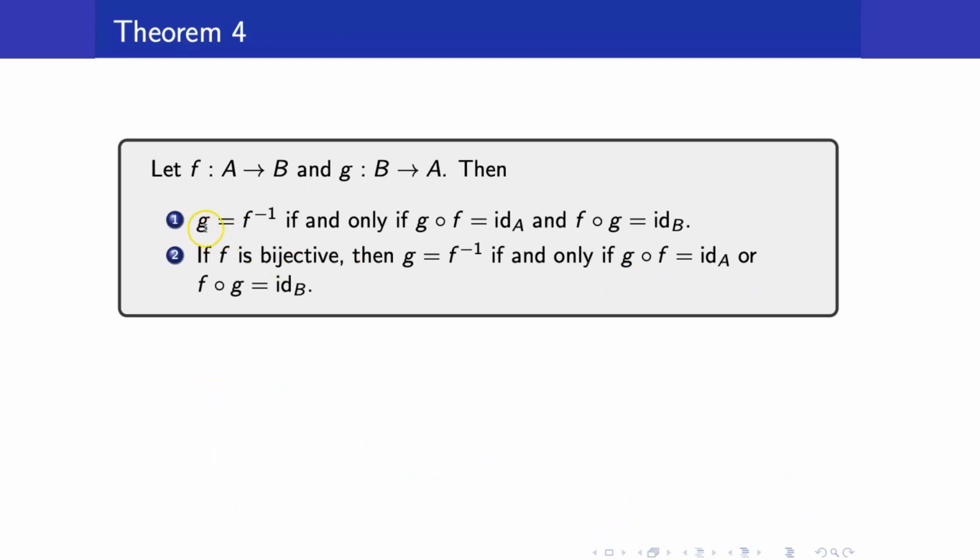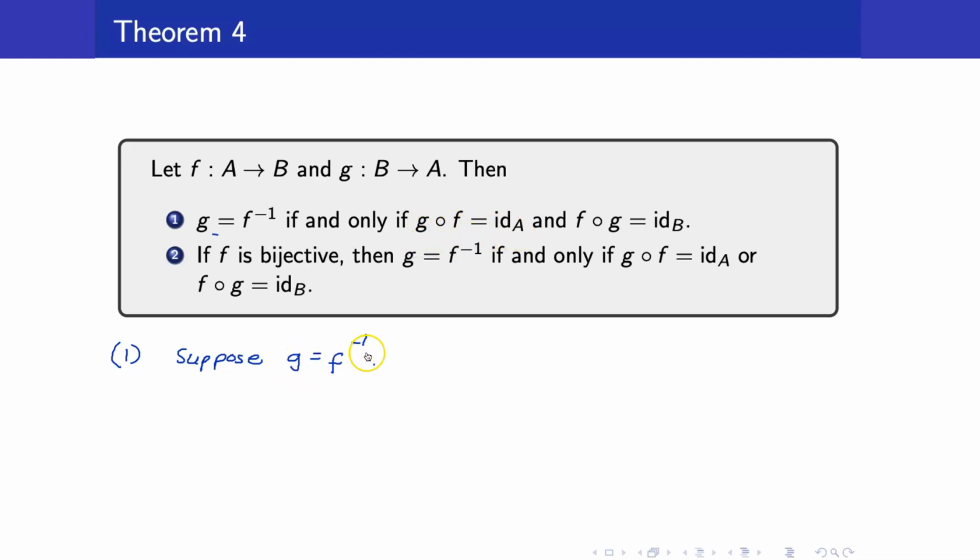Proof of 1: we are supposing that G is equal to F inverse. Is it true that G circle F is equal to the identity on A?